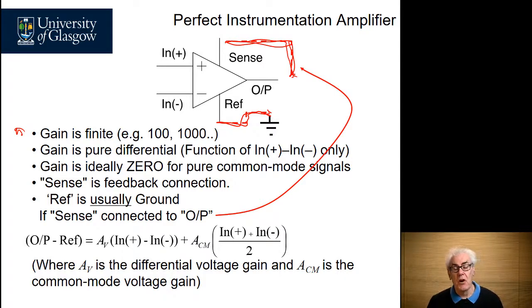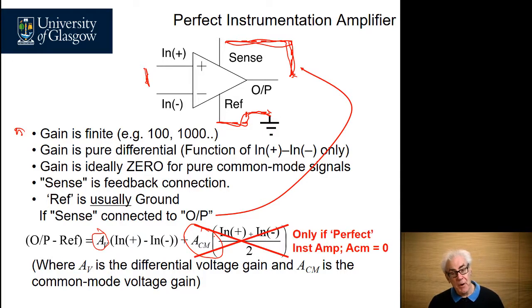The difference between the output and the reference is a differential voltage gain times the difference of the voltages between in plus and in minus, and also a component due to the common mode voltage gain. But if we have a perfect instrumentation amplifier, ideally the common mode voltage gain would be zero.